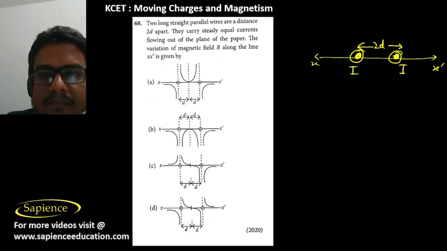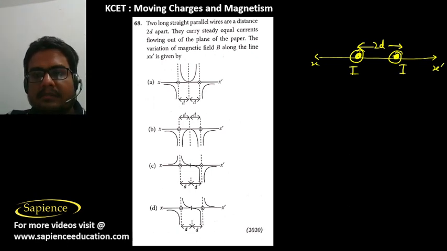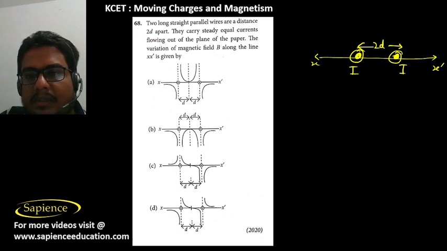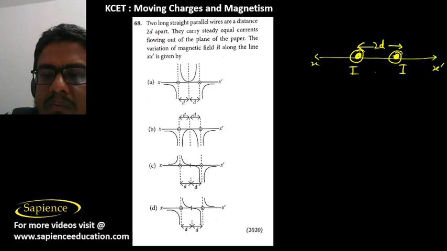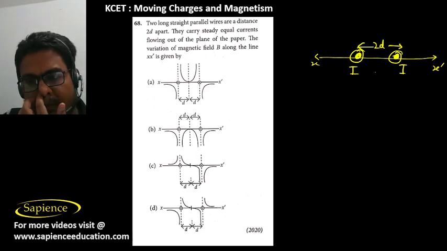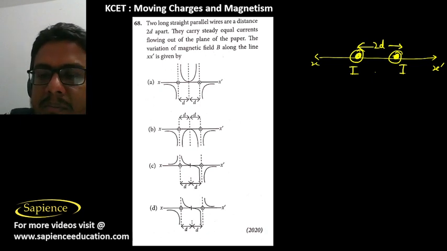So at some point in between the wires, due to this wire the magnetic field will be upwards, and due to this it will be downwards. So at this point it will be 0.